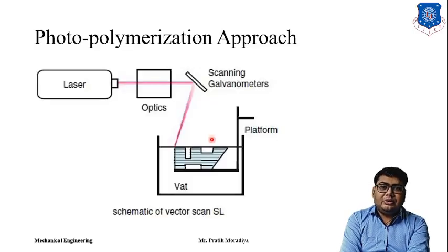Now, how is the photopolymerization done, how is the light imparted on this platform? There are mainly two approaches. The first is vector scan. If you know how television works, you must have an idea about vector scan, or even in CAD modeling, you must have learned about it.